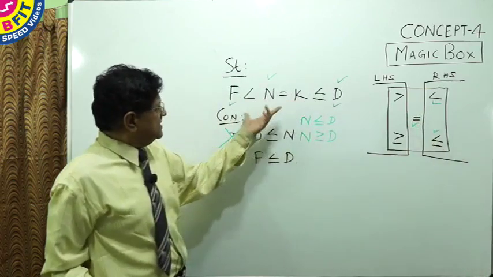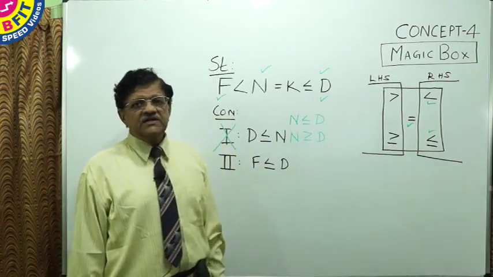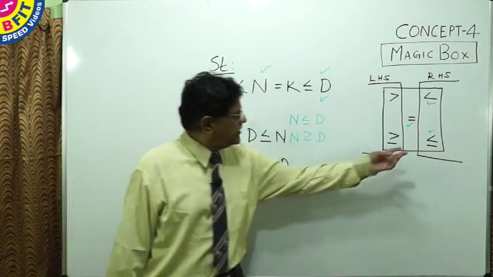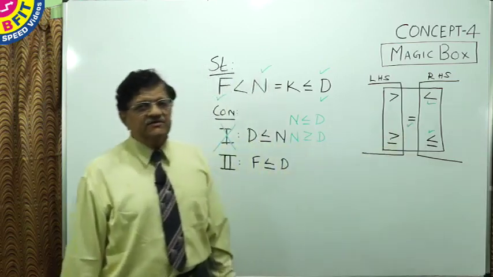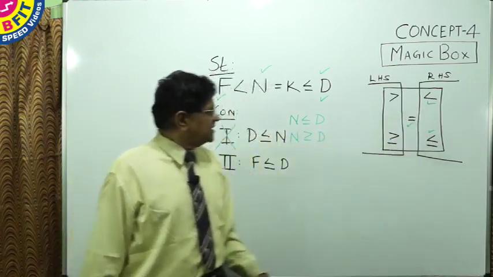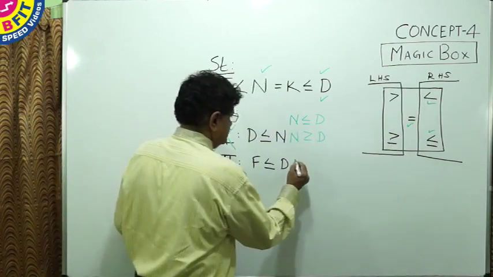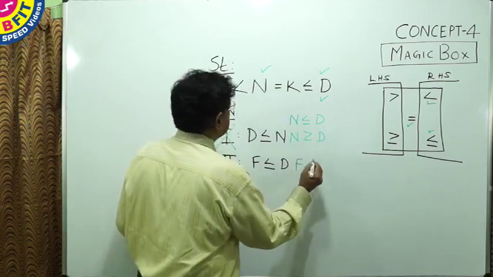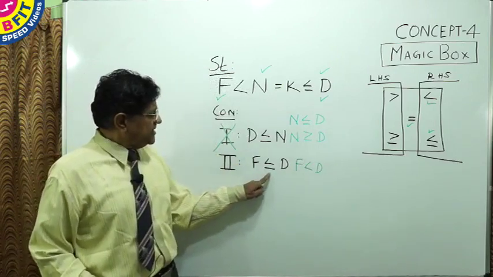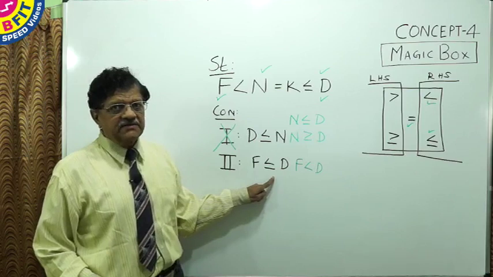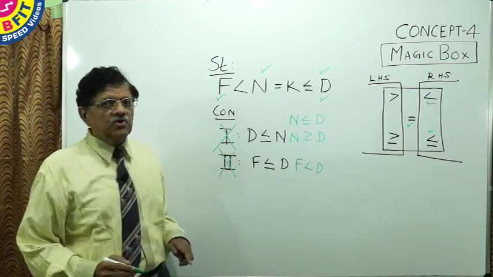These are the three symbols in between F and D. Among the three symbols which has got top priority? Less than has got top priority. So the correct conclusion is F is less than D. But what we are asked to verify is F is less than or equal to D. So this is not correct. Therefore conclusion 2 is also wrong.